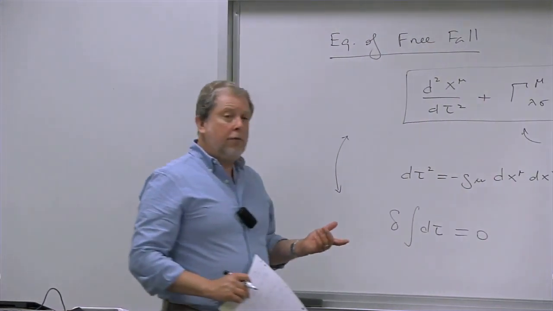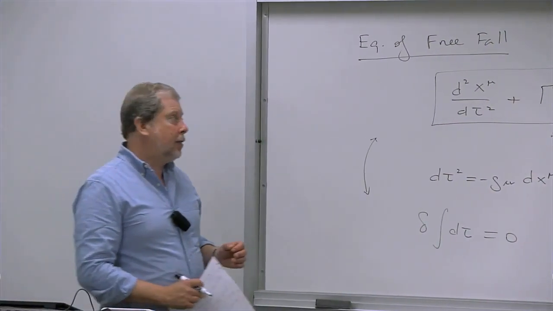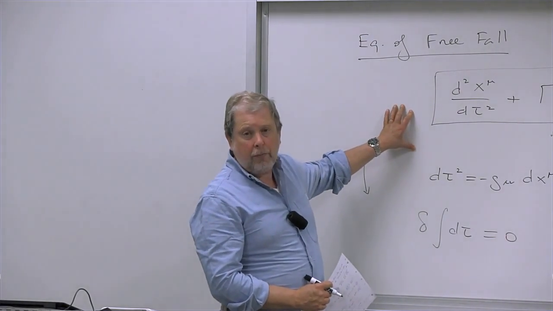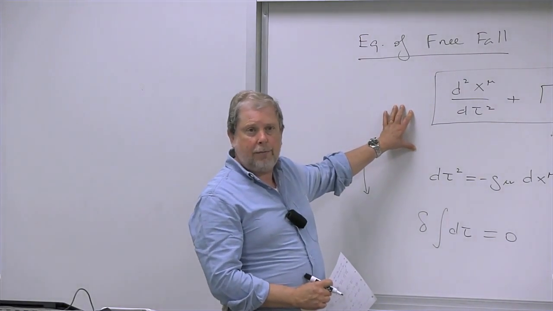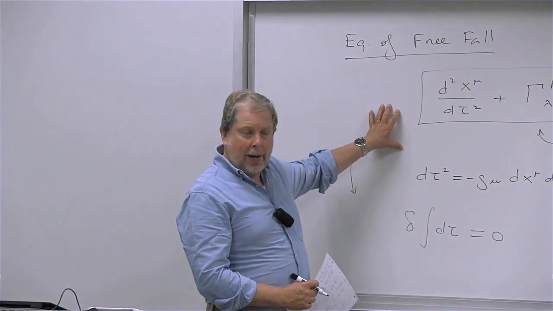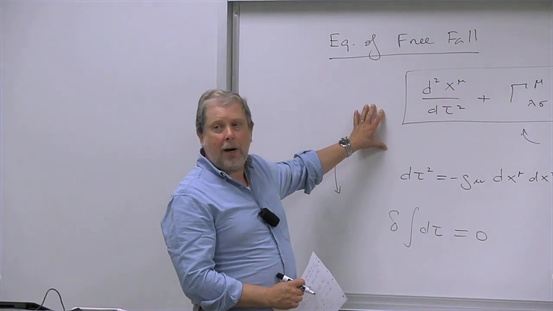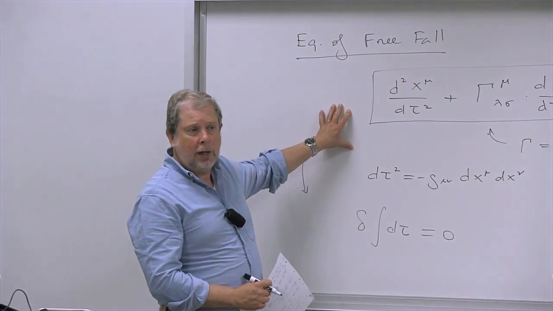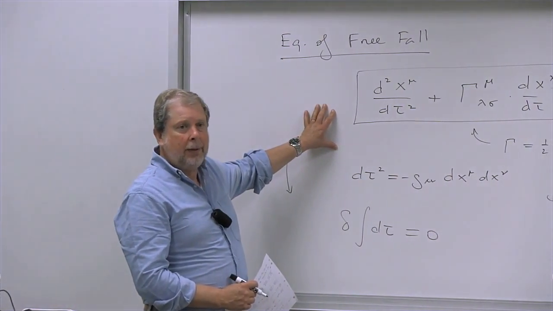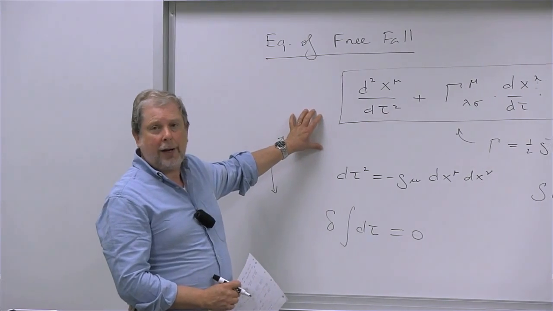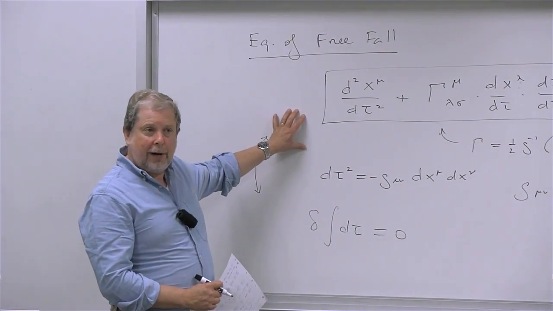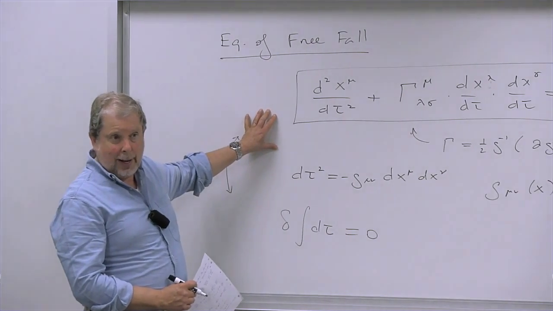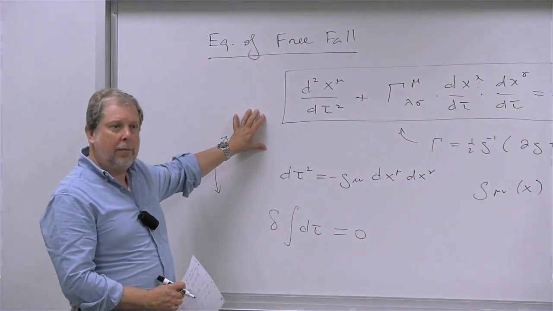Another way of viewing this equation is that it is the same as the Lorentz equation for electromagnetism. In electromagnetism, the trajectory of a particle is determined by the Lorentz equation, which involves the E and the B fields. And so this is the analog of that. The Lorentz equation is in fact fully relativistic, and we can write it in the relativistic form, and we did that in the second lecture, I believe.